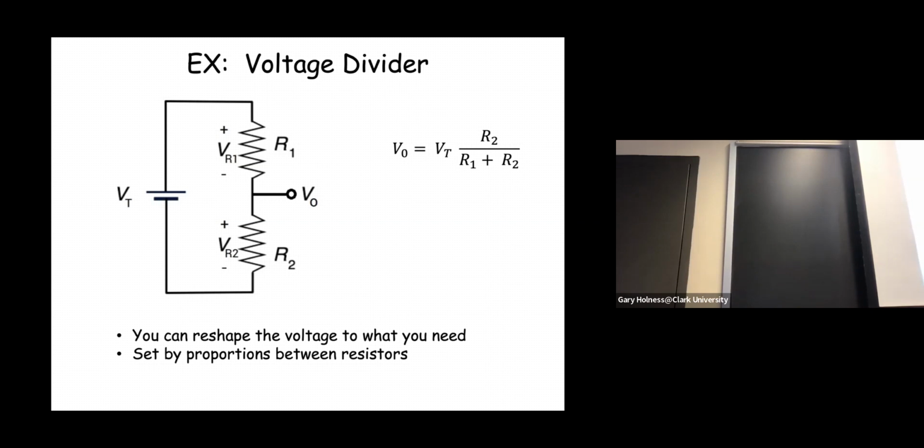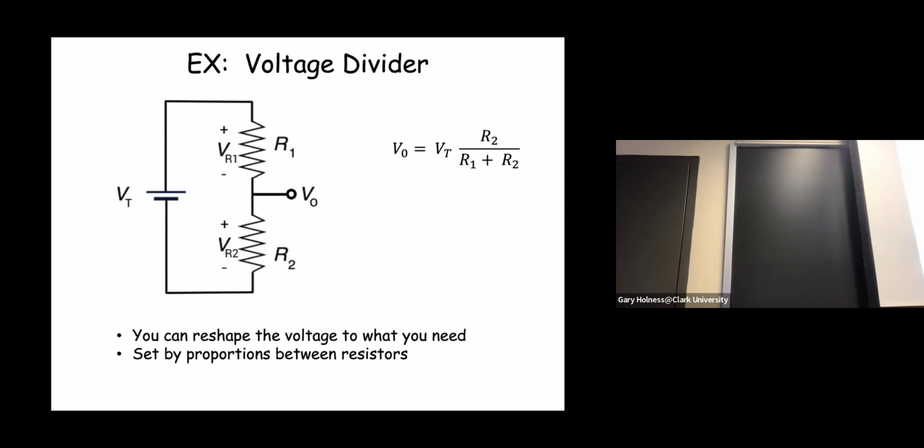And so current will flow. It flows across resistor 1, and it flows across resistor 2. Here, VR1 is the voltage drop across resistor 1. VR2 is the voltage drop across resistor 2. Now, V0, that's going to be the output voltage that you want.